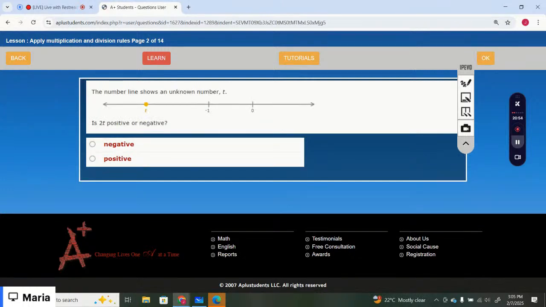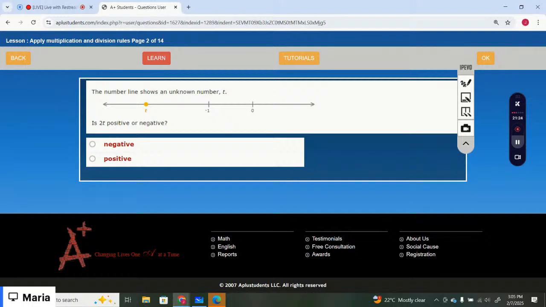The number line shows an unknown number T. Is 2T positive or negative? T is the number that is on the left hand side of the zero.